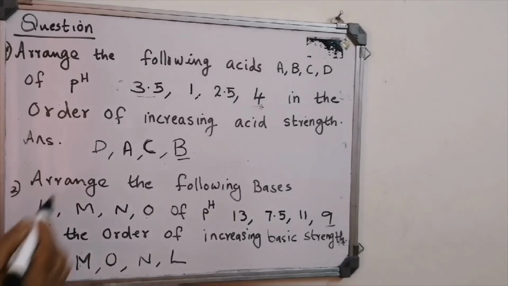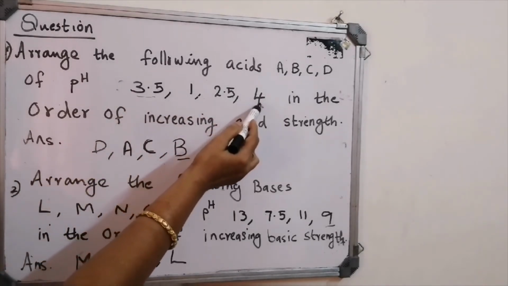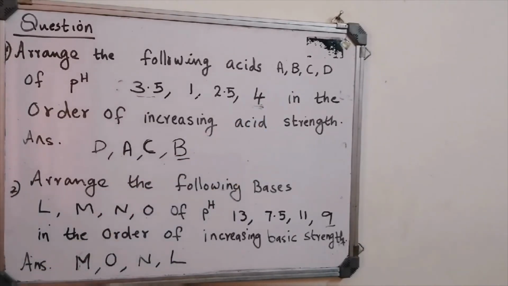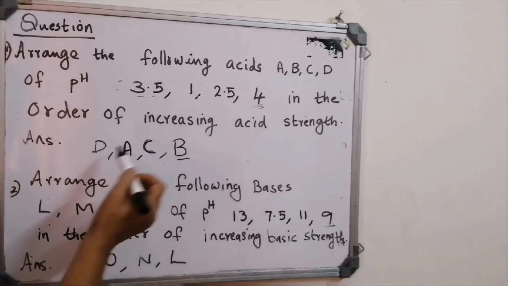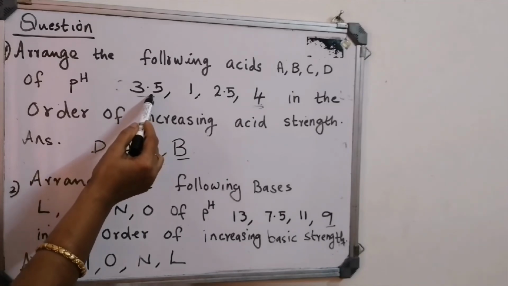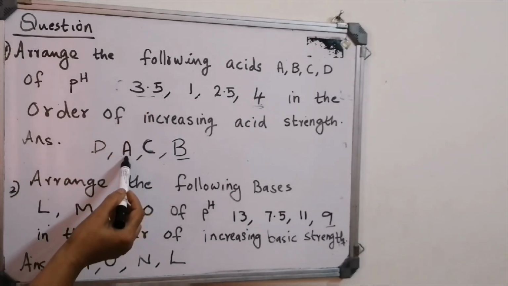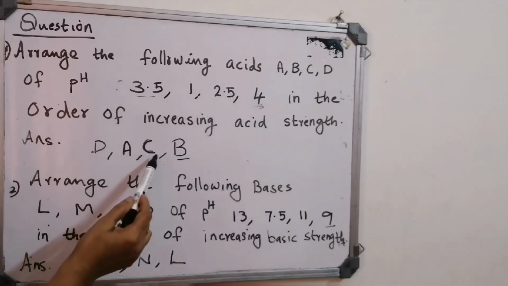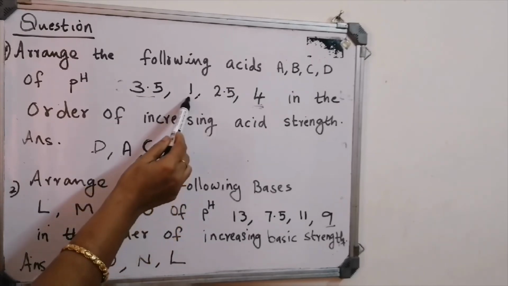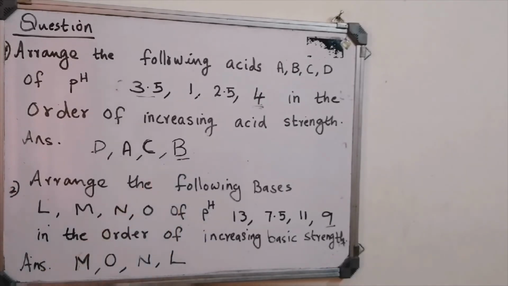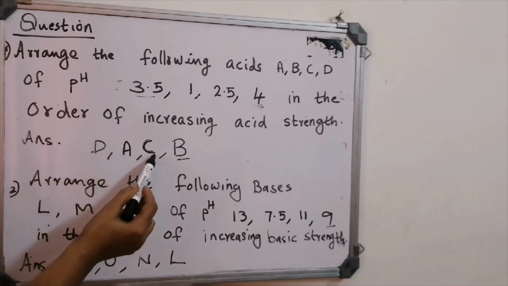So in this case, acid D has the highest pH, that's 4, and D has the lowest acidic strength. Then comes acid A of pH 3.5, then acid C of pH 2.5, and then the last one, the pH of 1. Acid B has the highest acidic strength. So this is the order D, A, C, B.